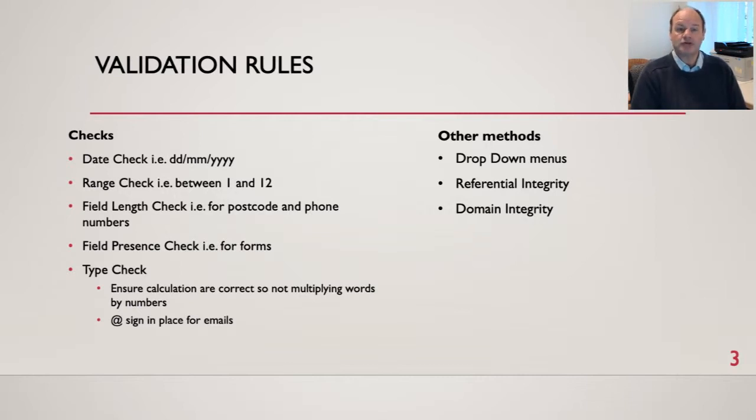A range check ensures that a value is within a predetermined range, i.e. between 1 and 12. A field length check makes sure the postcode or phone number has the correct number of characters. A field presence check ensures that all necessary fields have been filled in.